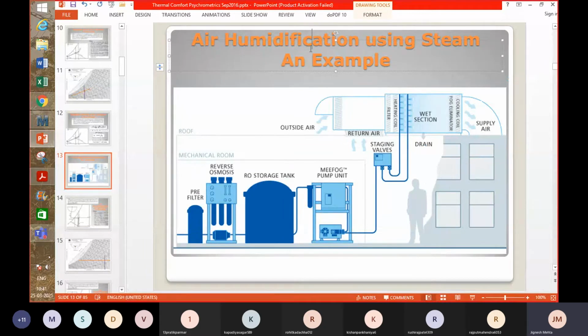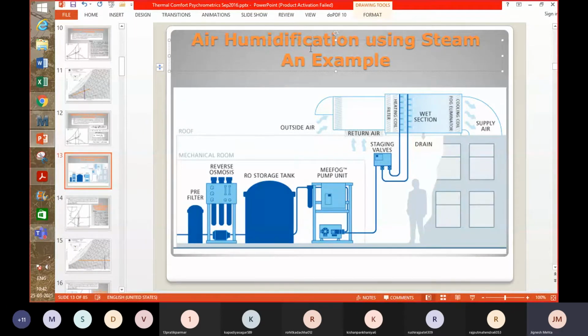So this could be heating and humidification process, psychrometric process. Heating and humidification, as you might recall, can be carried out in an air washer. If you heat the water which is being sprayed and the air is passing over that, humidity is also added and the temperature of air is also rising.